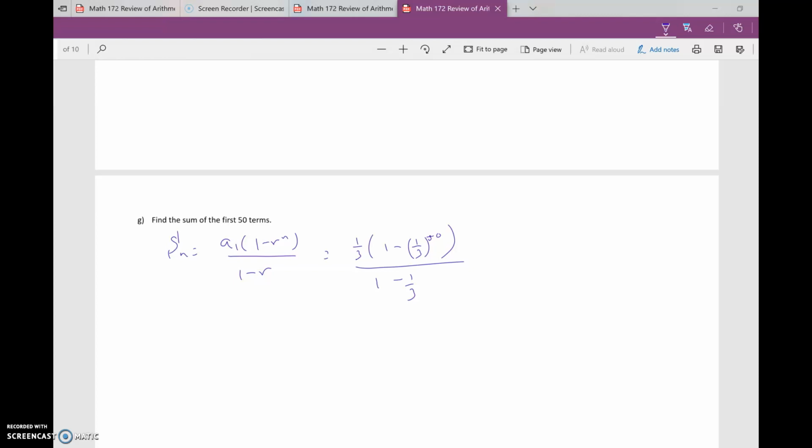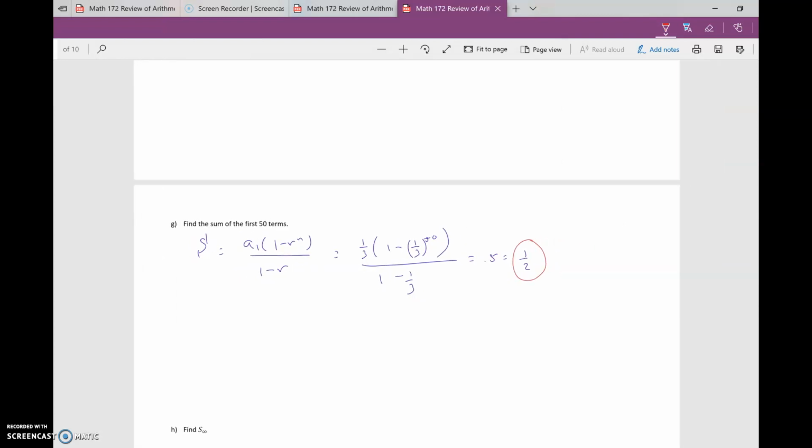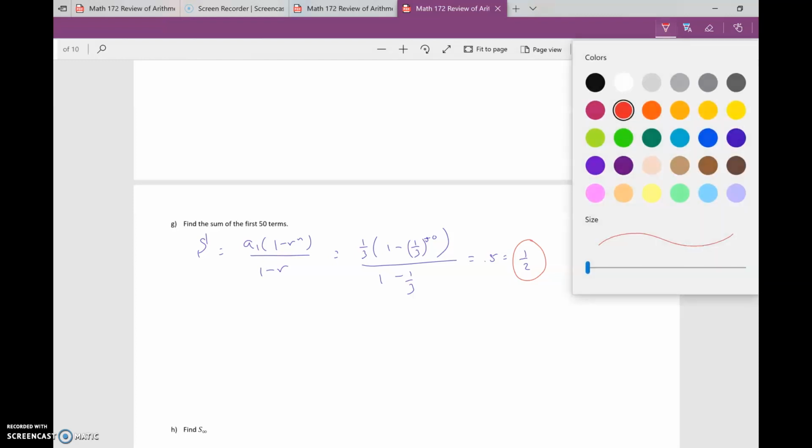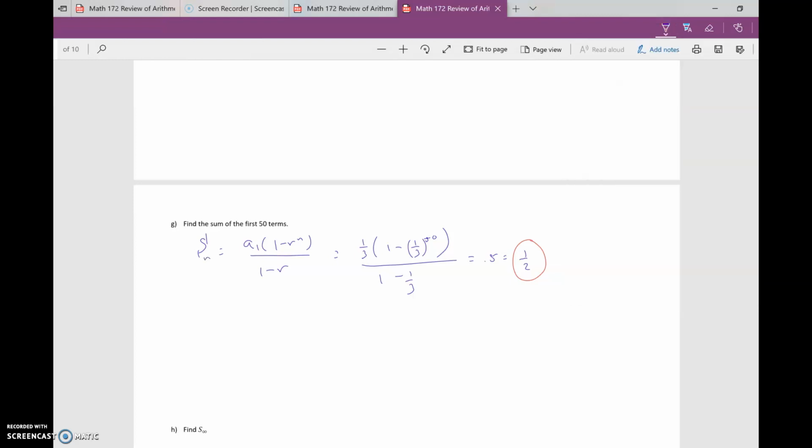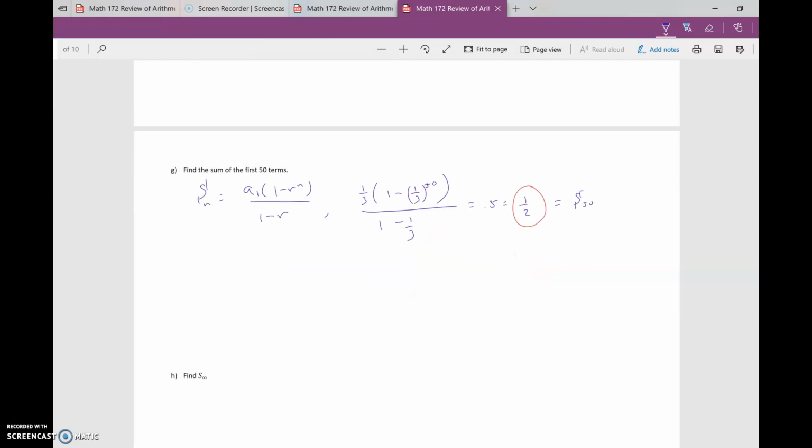Okay, so my calculator on this one is just telling me that this is 0.5, or the value of a half. And what we have here is that adding the first 50 terms, in this case this is Sn, which happens to be the value of S of 50.